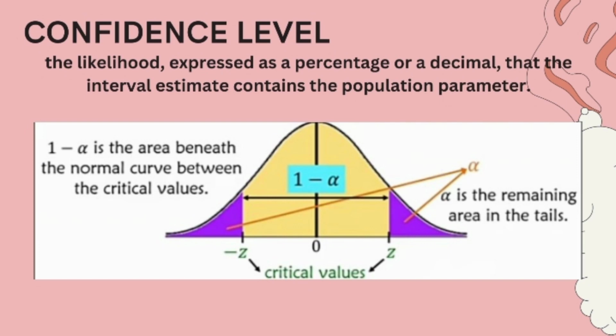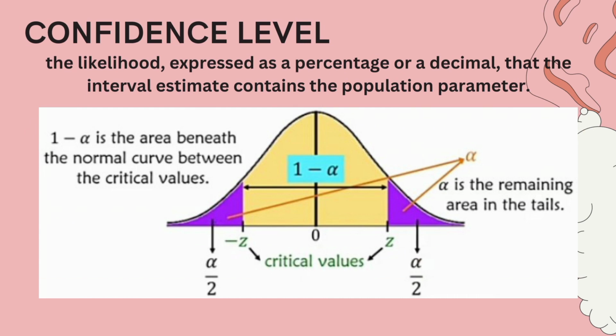So for the confidence level 1 minus alpha, 1 is the total area of the curve. Subtracting the probability of error, you have the confidence level. If these two sides here are alpha, then each side is alpha over 2, simply because alpha divided by 2 is alpha over 2.